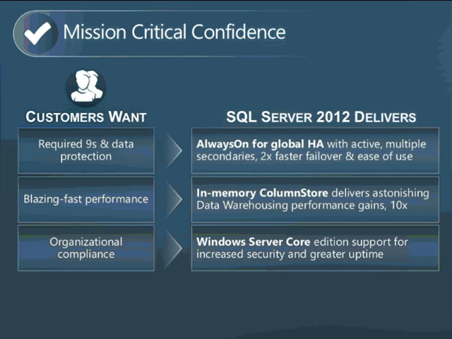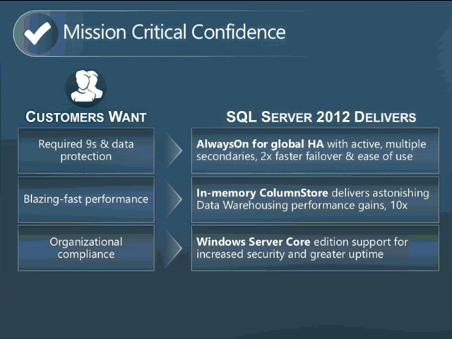So starting out with mission-critical confidence, they've introduced a number of technologies here, including one of the most popular features of SQL 2012, which is certainly something that we spend a lot of time talking to folks about, which is always on for global high availability.